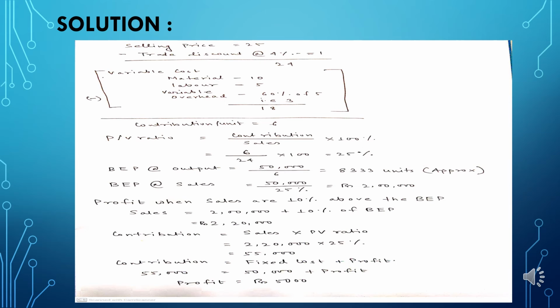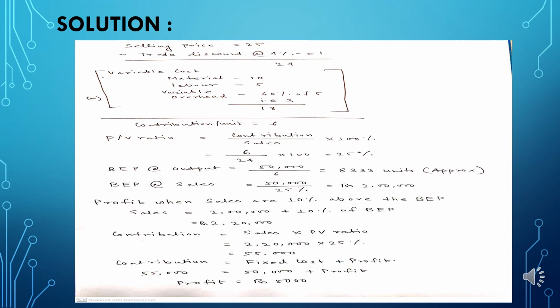And most importantly, we also know that contribution has another formula, that is fixed cost plus profit. Now we know the contribution amount and we know the fixed cost amount, so the profit should be contribution minus fixed cost. Deducting fixed cost from contribution, we get the profit amount to be rupees 5,000.